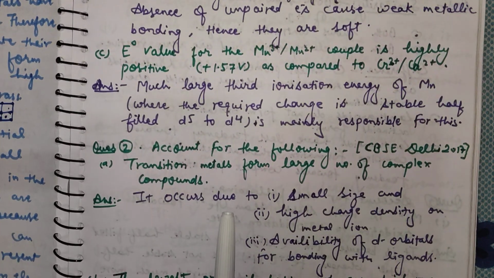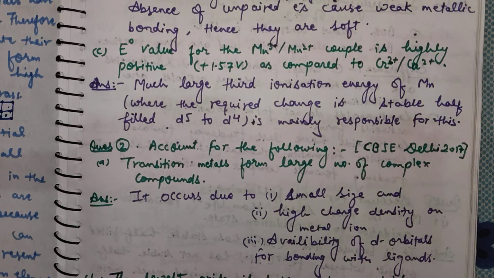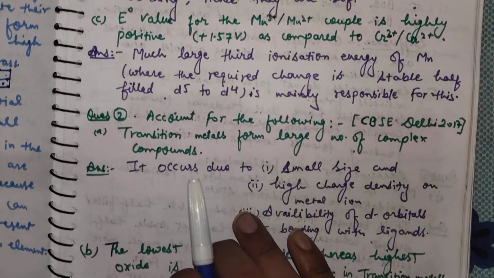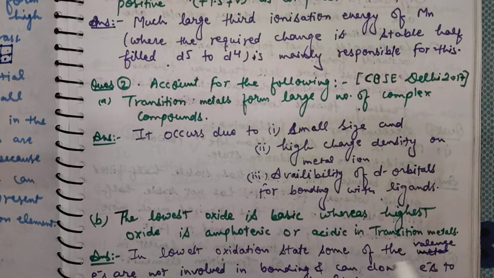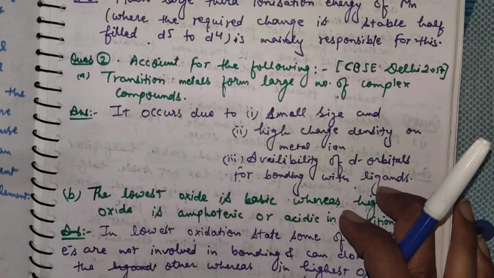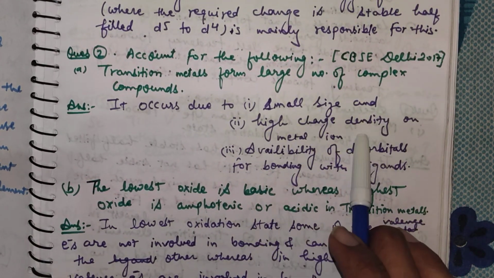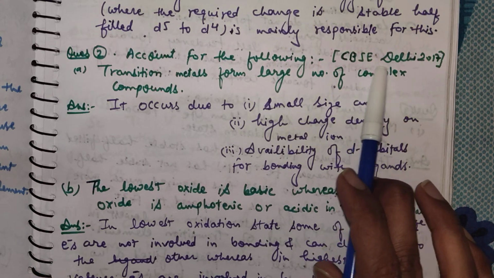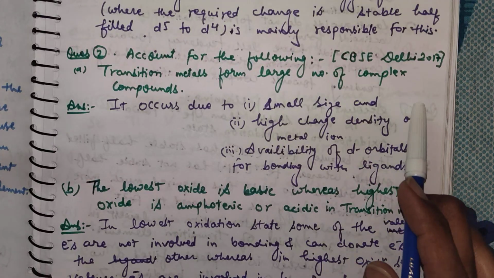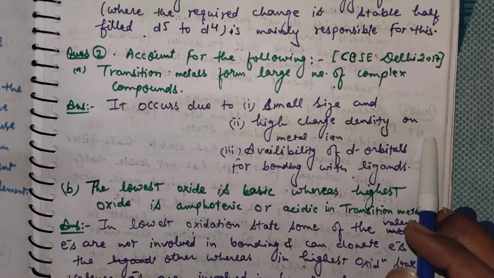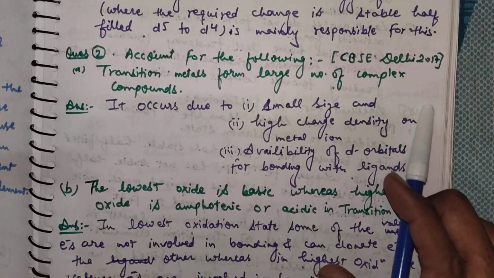So now come to the point. Next question: account for the following. Transition metals form a large number of complex compounds. Why do they form a large number of complex compounds? Small size and high charge density. This question has come in CBSE Delhi 2017. We have to write the answer as short as possible, direct and accurate, not in a too descriptive manner.